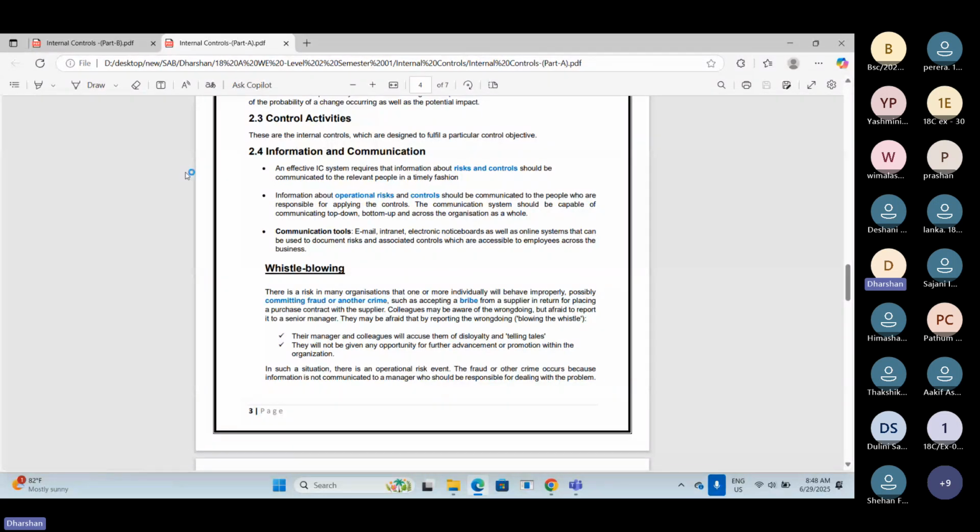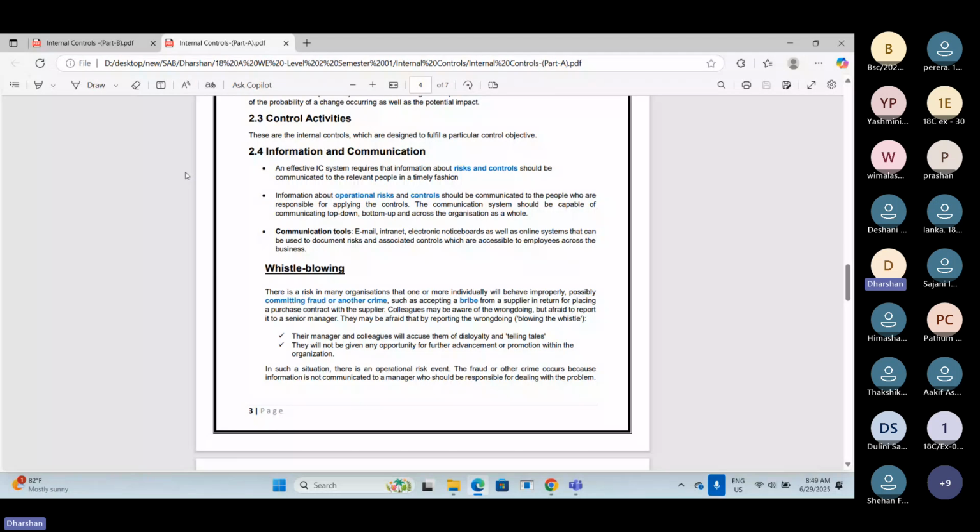First of all, risk, and in order to mitigate the risk, what controls must be implemented. That part must be communicated. Risk and controls. Second, the roles and responsibilities of each and every employee in relation to internal control implementation. So first of all, risk and controls must be communicated, and their responsibility in relation to the controls must be communicated.